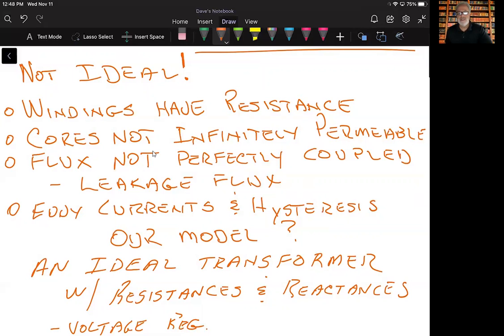But hysteresis is this effect that, if you want to think of it in one particular way, you can take ferromagnetic material and wrap a coil of wire around it, run current through that wire, and permanently magnetize the material.